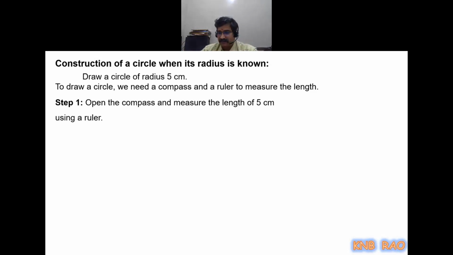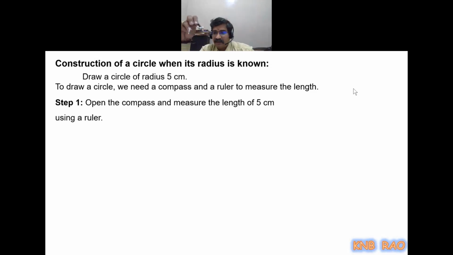Open the compass. Okay, you need to take the compass. It has two ends, one metal end and another pencil end. So you have to open the compass, and with the help of a scale or a ruler, you will measure the distance between the metal end and the pencil end as 5 centimeter.